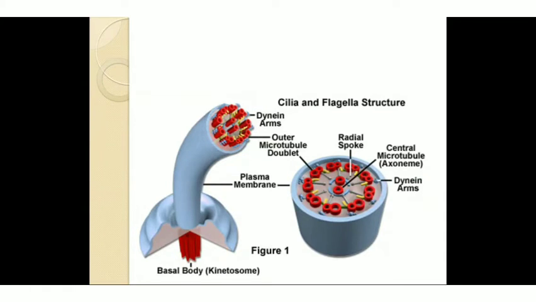Now in the cross section on the right hand side, you can see a circular thing. It is a cross section of the axoneme, and it reveals the arrangement of the fibrils. The fibrils are not present randomly in the matrix, but show a particular structure.